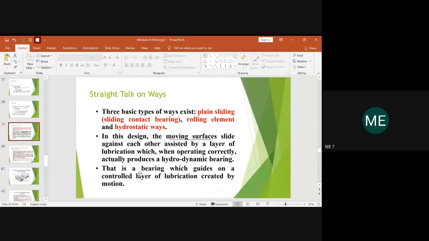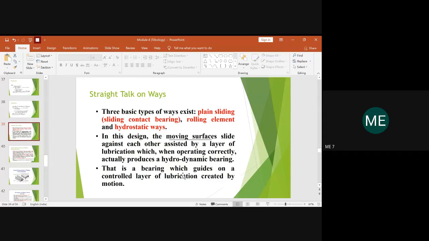So here the hydrodynamic bearing related to the sliding motion will be guided and controlled by means of the layer of lubricant which you are providing, right? So it again depends upon what is the speed with which the sliding bearing is moving and what is the minimum amount of lubrication thickness essential to slide effectively with a reduced amount of wear and tear.